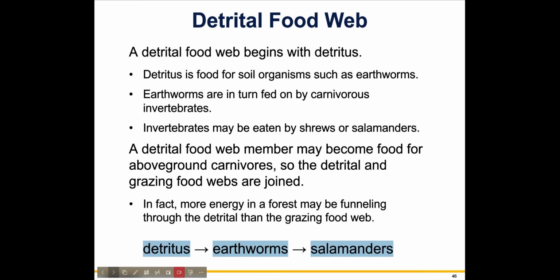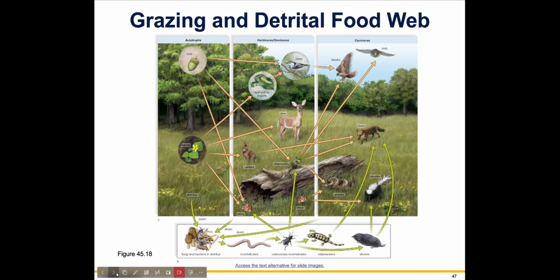And again, we'll see that this can become pretty complex. So we might even simplify it as a food chain, detritus to earthworm to salamander. So here's our food web.